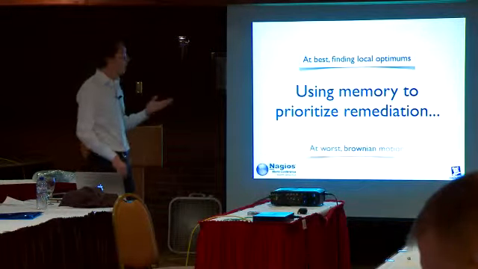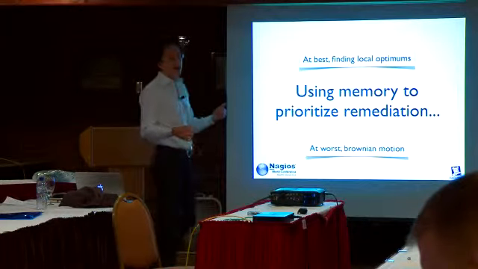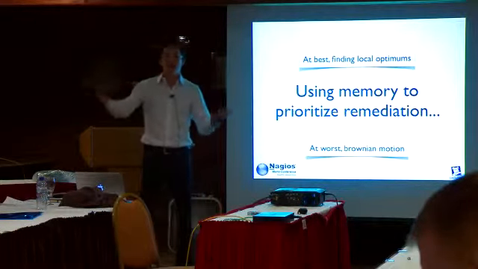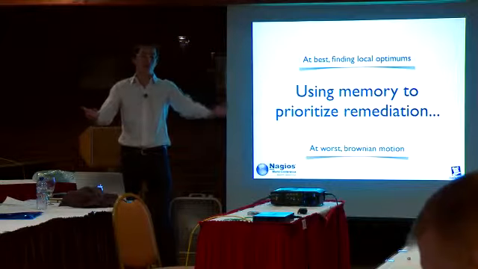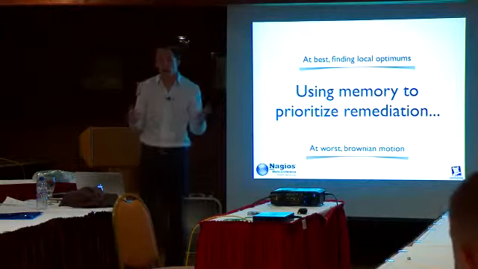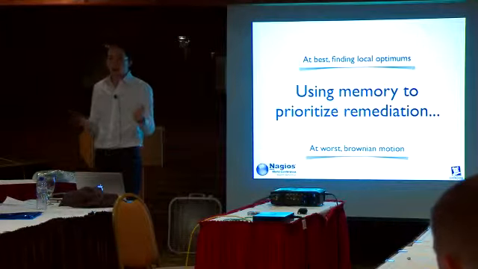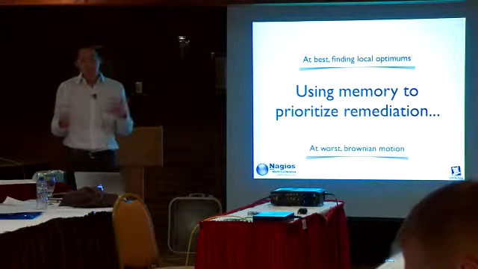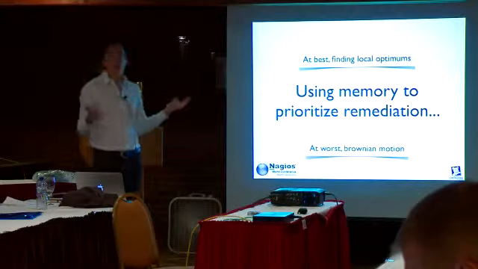Maybe what you're doing is really Brownian motion, meaning that you fix things, other things break, you fix them, the first thing breaks again, so you have this kind of pattern of going all over the map without a strong direction. And you could argue that it's manageable.